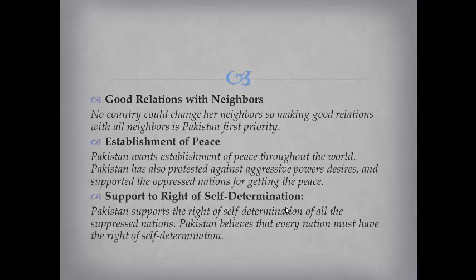Therefore, Pakistan has supported the demand for abolishing colonialism and every movement for the exercise of the right of self-determination in Europe, Africa, and Asia. Pakistan has played a very important role in the struggle for independence of Kashmir, Palestine, Bosnia, Namibia, and Vietnam.